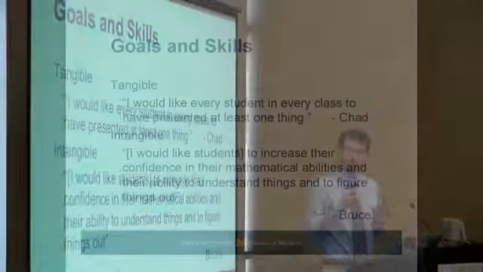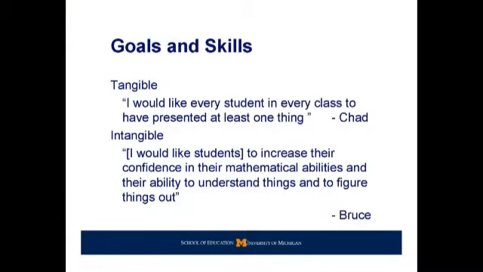When we were looking over the instructors' responses to these two questions about goals and skills, we found we could group the results into two categories: the tangible things that could be measured easily, and the intangible. So we have Chad, who would like each student in his class to present at least one thing. Student presentations are a product.